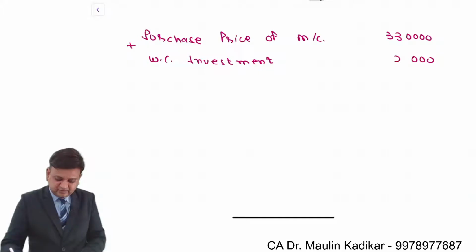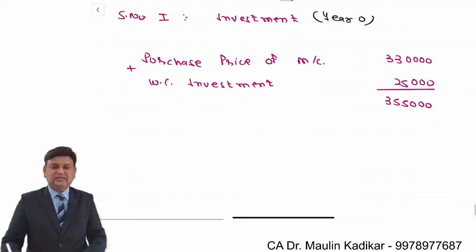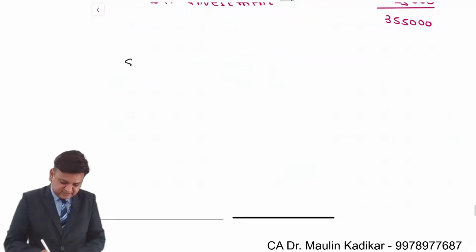So this is the way we compute the investment to be made. It is 3,55,000. This is the investment in year 0. That is step number 1, investment. Step number 2, depreciation.